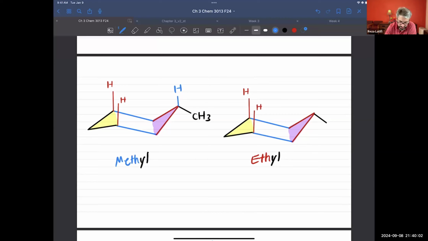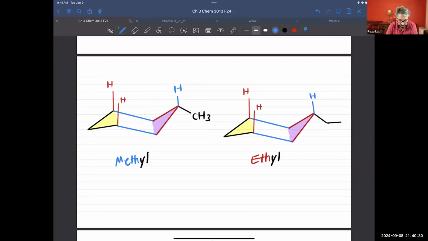Also for this one, I will put ethyl there, or I can say pointing this direction, and the hydrogen atom will be pointing up.